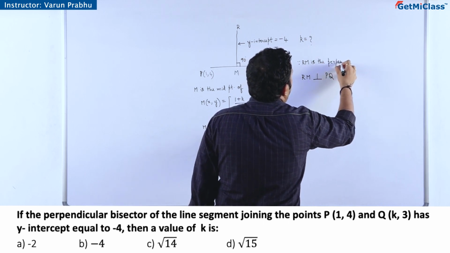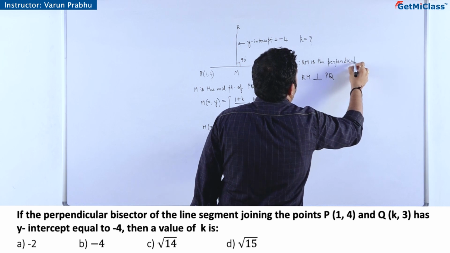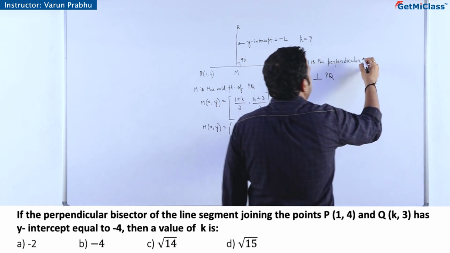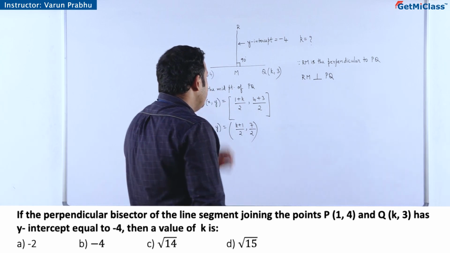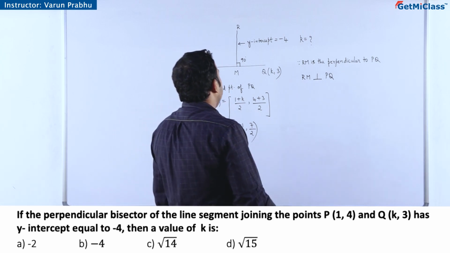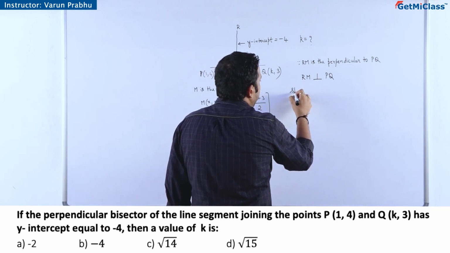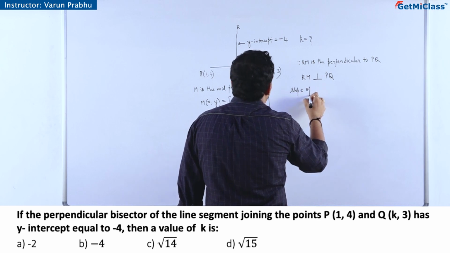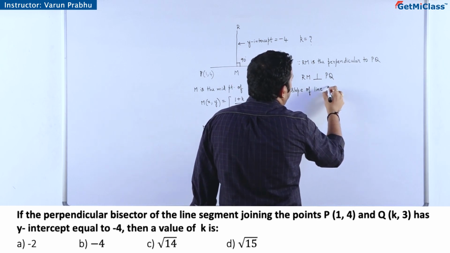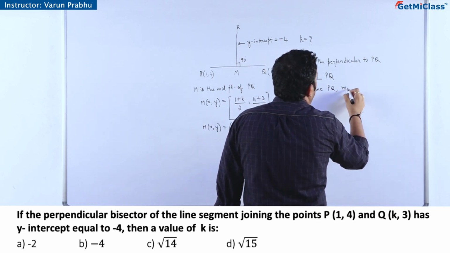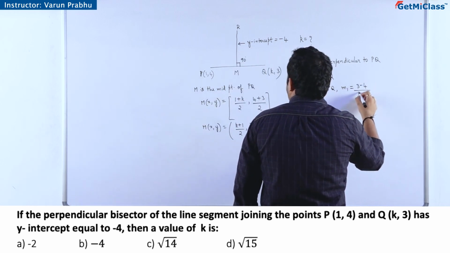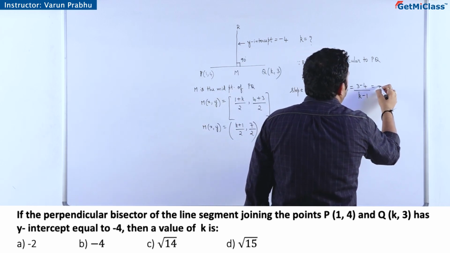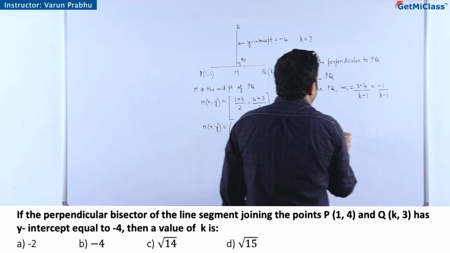So we can find the slope of line PQ. What is the slope of line PQ? m1 is equal to y2 minus y1 divided by x2 minus x1, that is nothing but -1 divided by k minus 1.